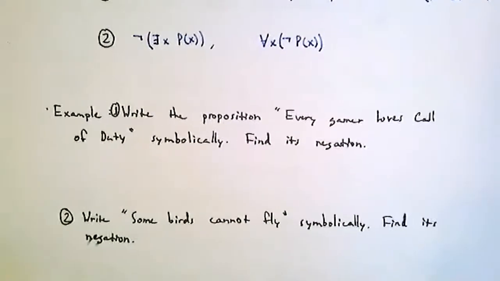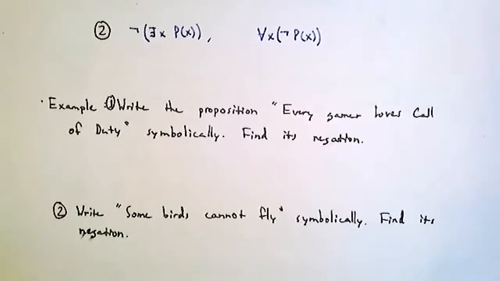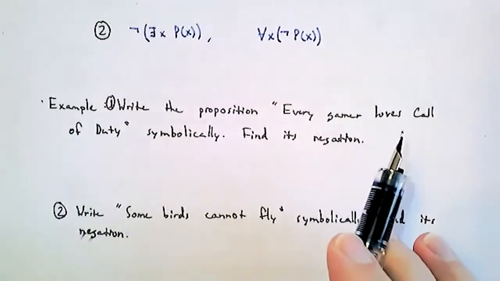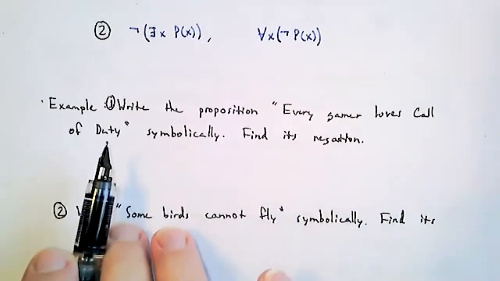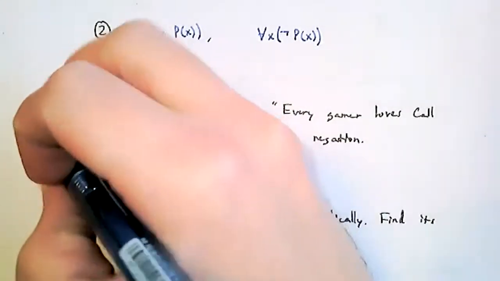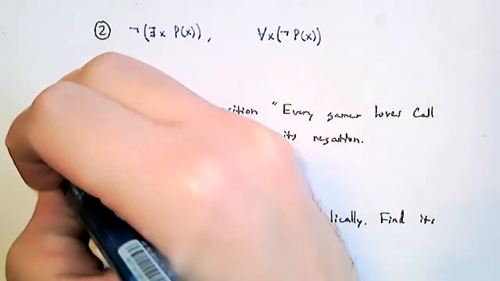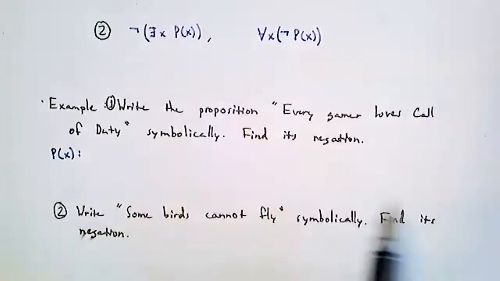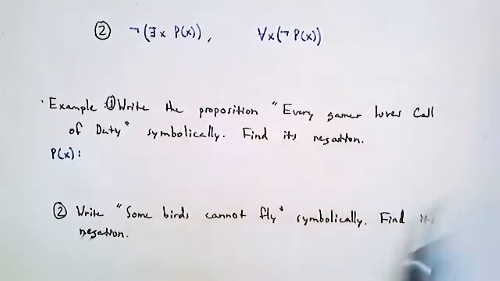And the thing to do when you have these statements with quantifiers and propositional functions is to make sure you identify them. Here, the propositional function, the P of X, is saying that X loves Call of Duty.